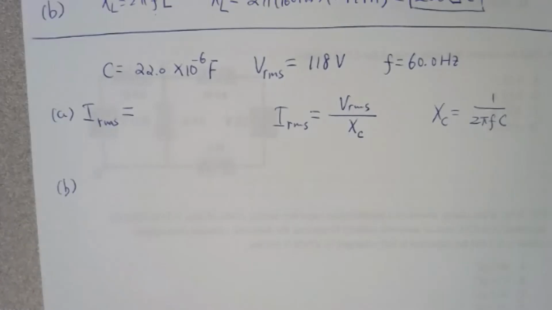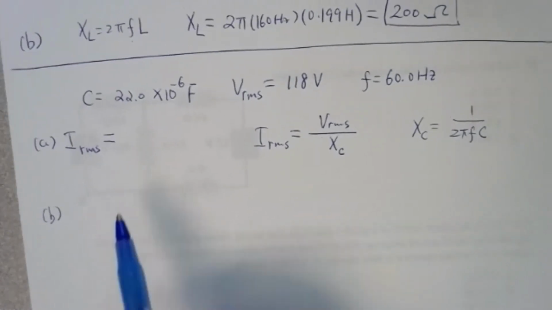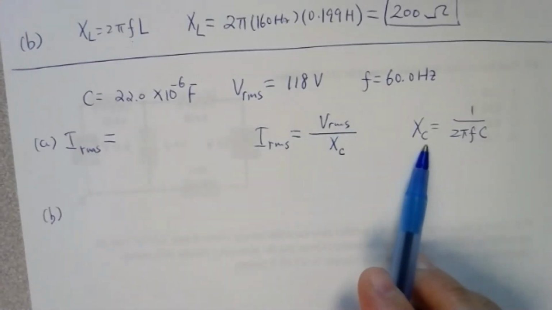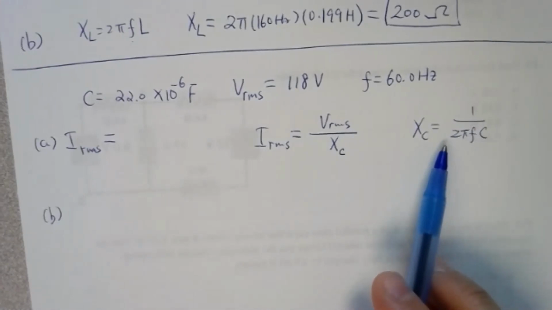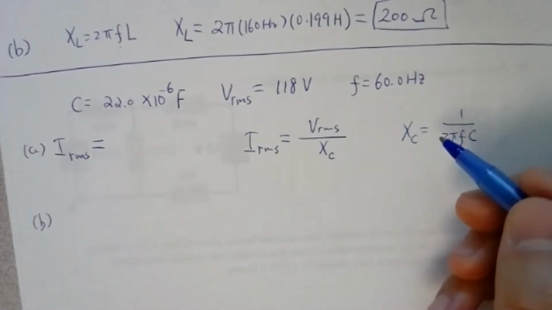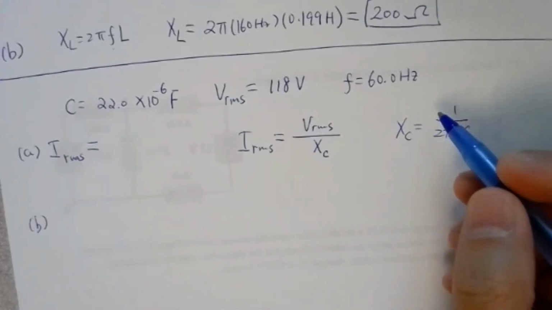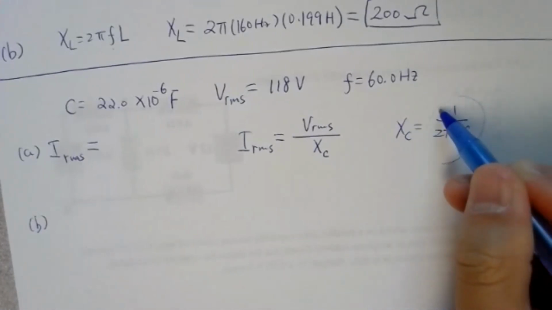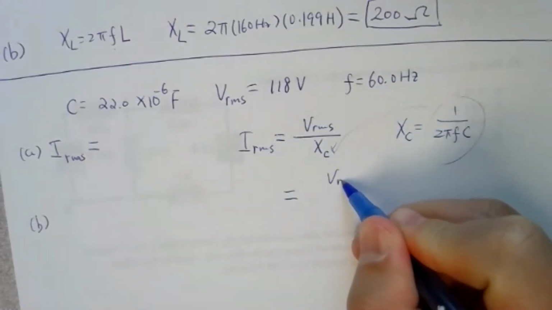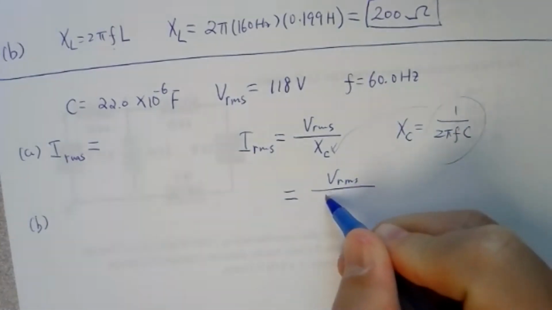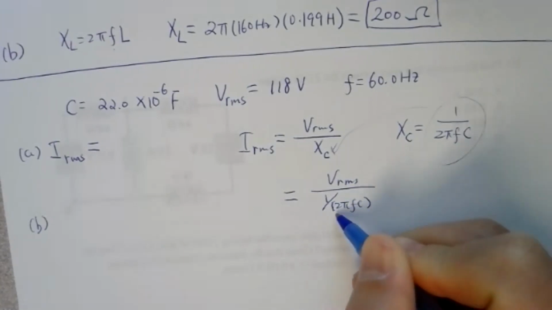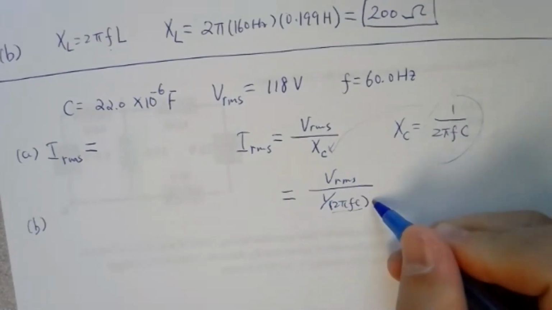All right, so let's get started here. You're looking for current, RMS current. You'll be doing this guy over that guy. We'll be calculating this one first, and then plug in there. As you are familiar with me now, usually I would just substitute this expression over here and then get the final equation first. So I will do V RMS divided by 1 over 2 pi f times C. This term is under the denominator, so it can flip up.